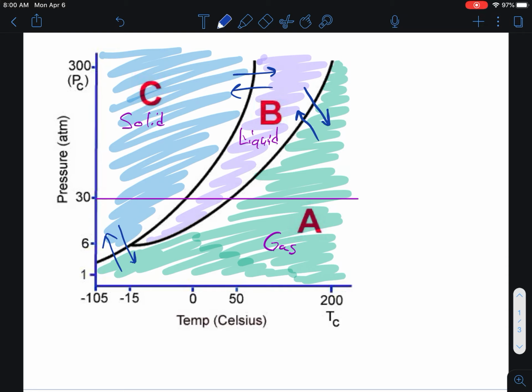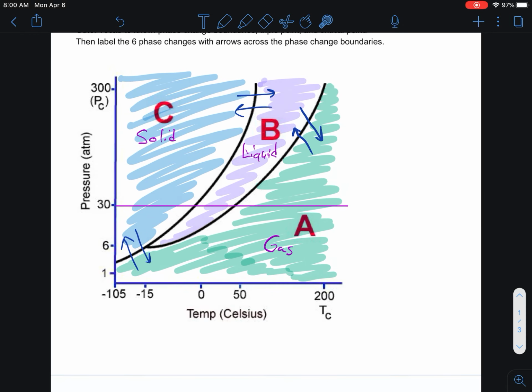Make sure you can identify these as melting, vaporization or boiling, condensation or condensing, freezing, sublimation, or deposition. All right. If you need a review on those topics, go back to the lesson on phase changes to refresh your vocab on phase changes between the different states of matter.